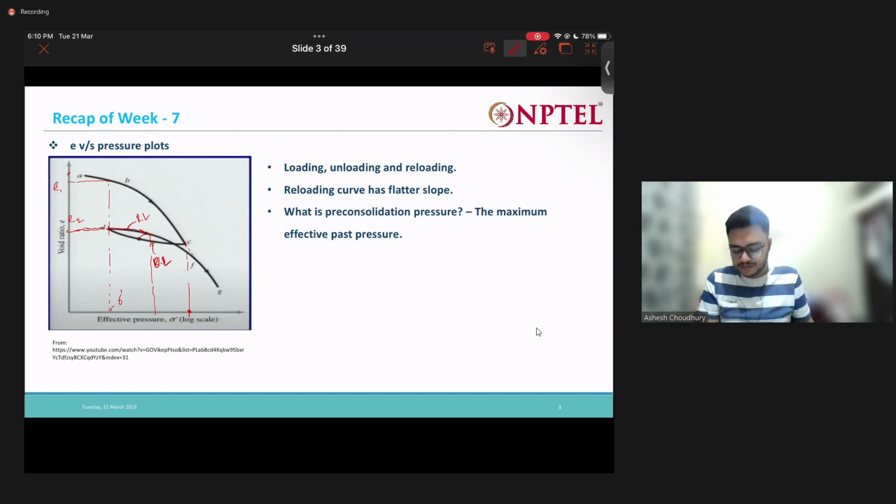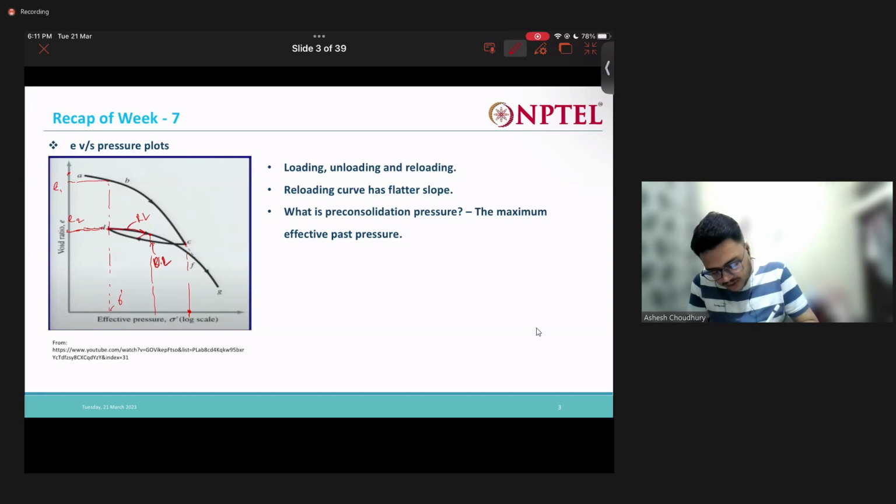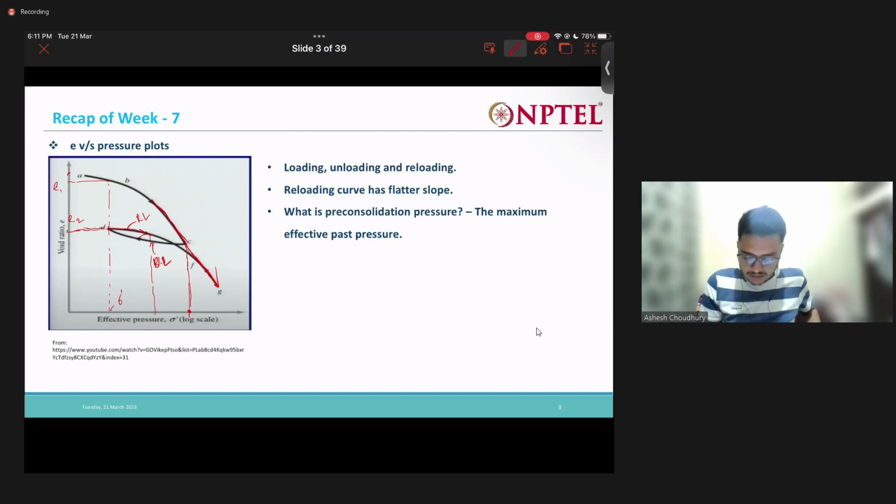Okay, so the reloading curve actually has a flatter slope. After we cross this C point, the slope of this FG line is actually similar to this portion of the curve.